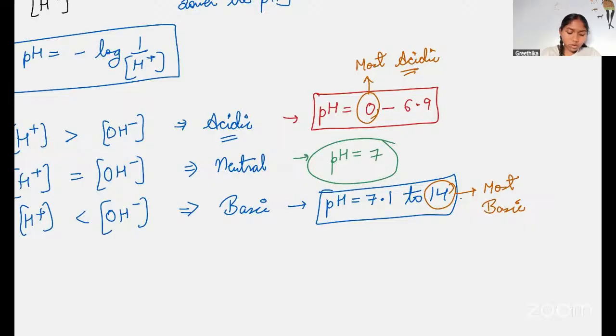Sir, in the textbook figure 2.6, it is all given in blue color. Which one is given? Let me check. So figure 2.6, page number 25?